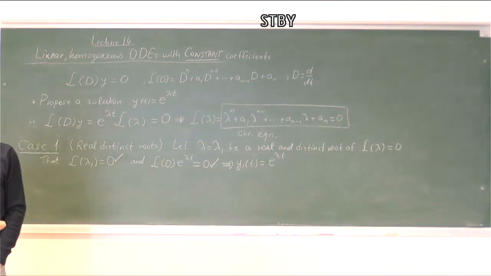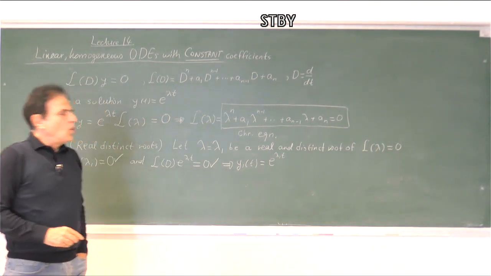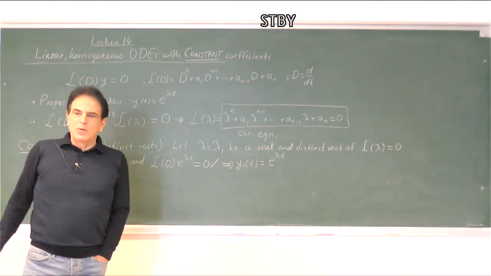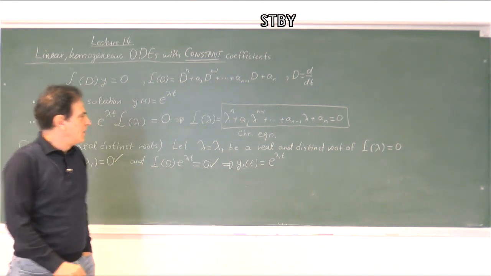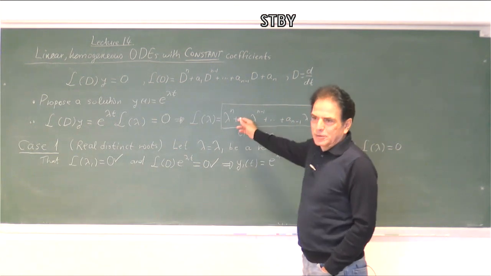What do we mean by distinct? There is no other root equal to lambda 1, because we have totally n roots. Good.